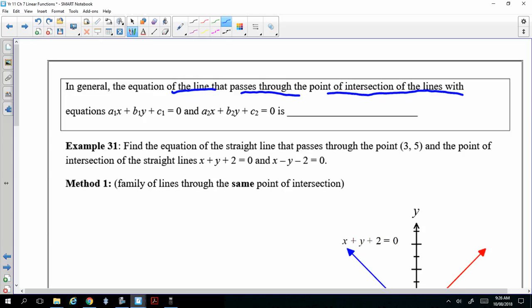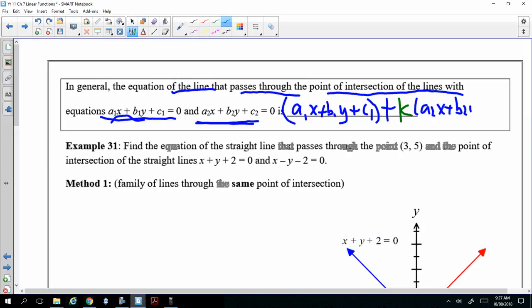If they are concurrent with these two lines, the equation of the family of lines must be a1x plus b1y plus c1 plus k times a2x plus b2y plus c2 equals 0. Okay? That's the family of lines.